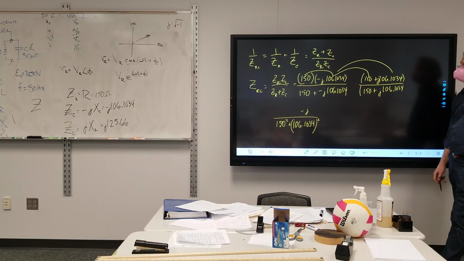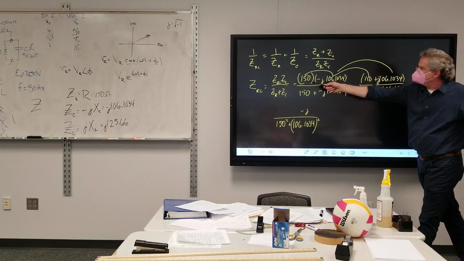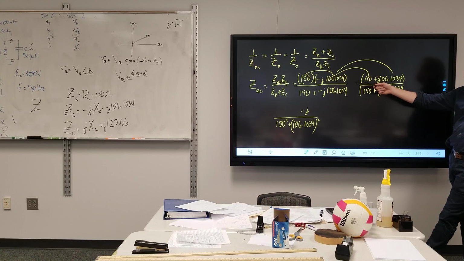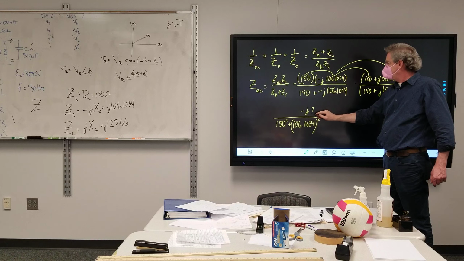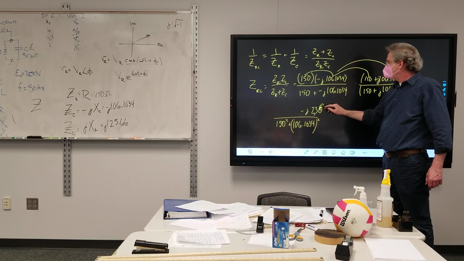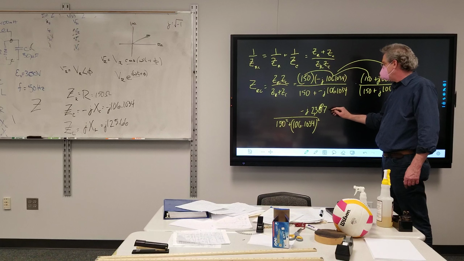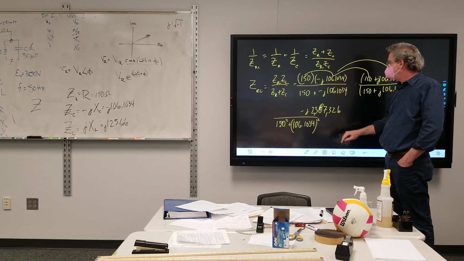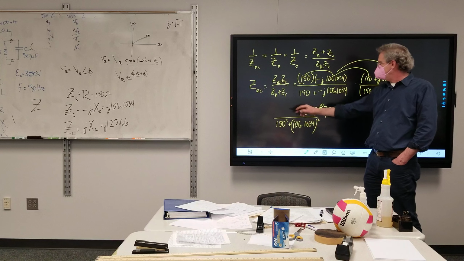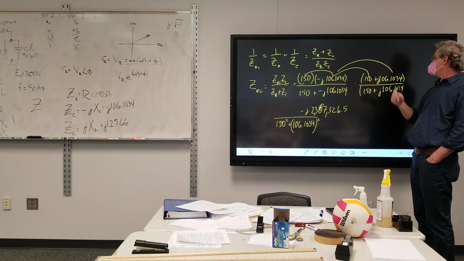If someone would be kind enough to multiply 150 times 106.1034 times 150. 2,387,326.5. All right, and then that times 106.1034.